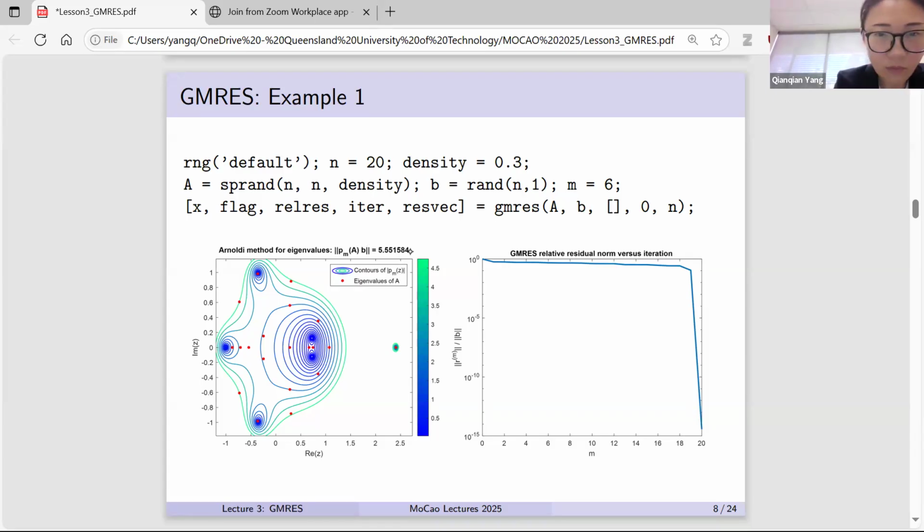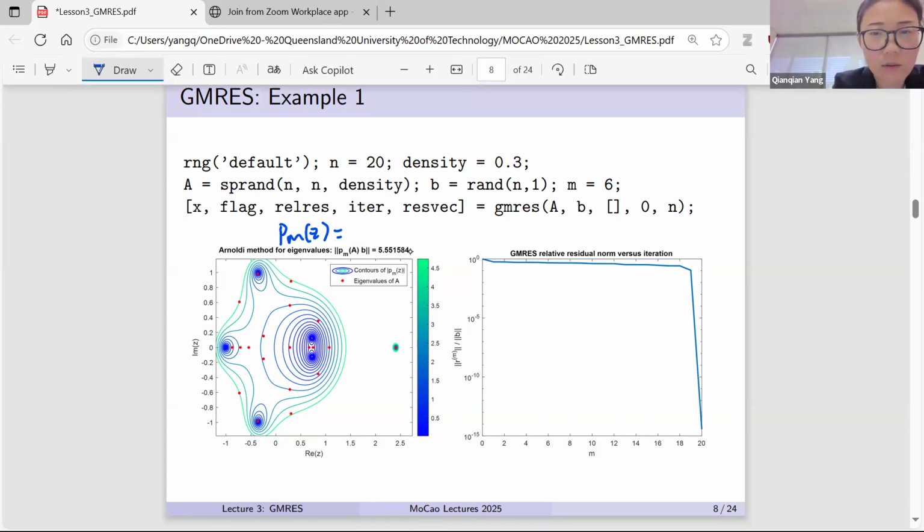This p_m(A) is this characteristic polynomial.